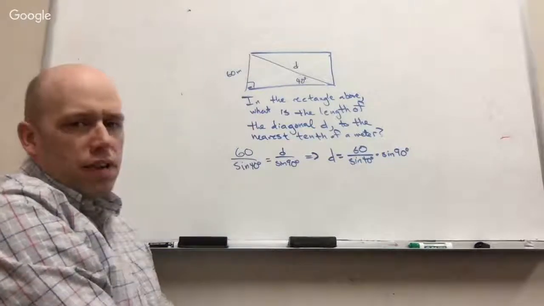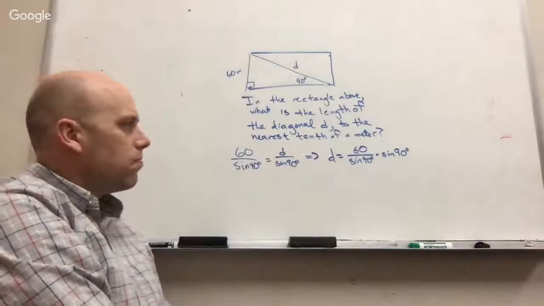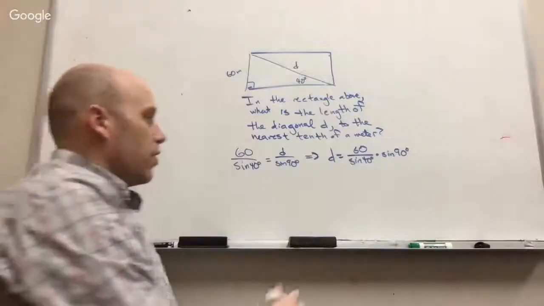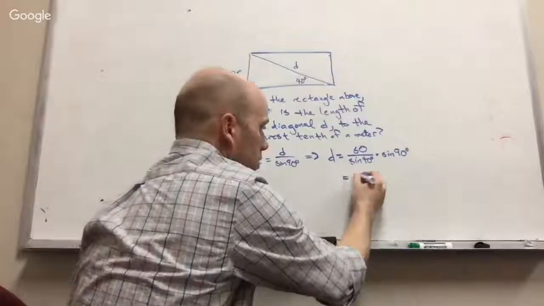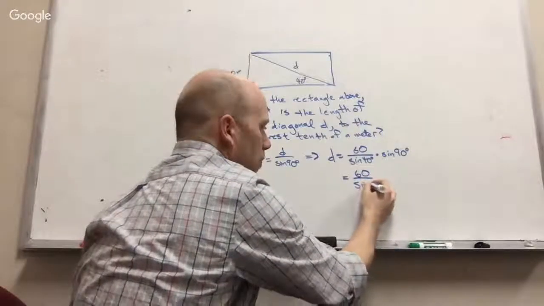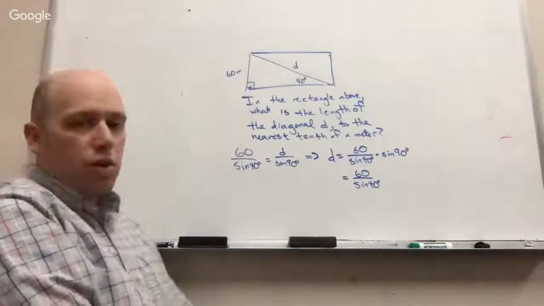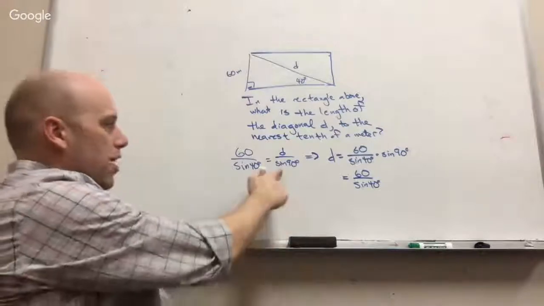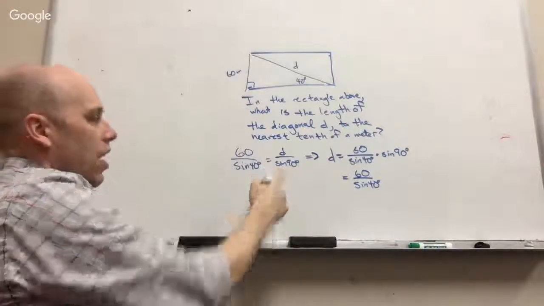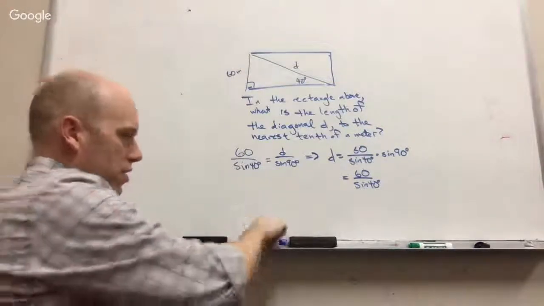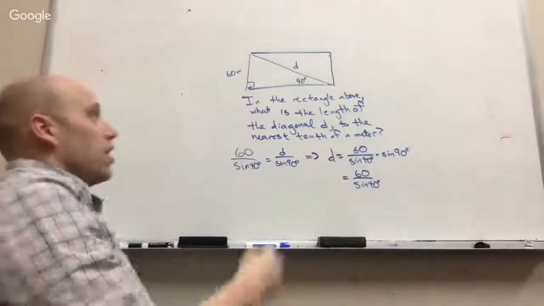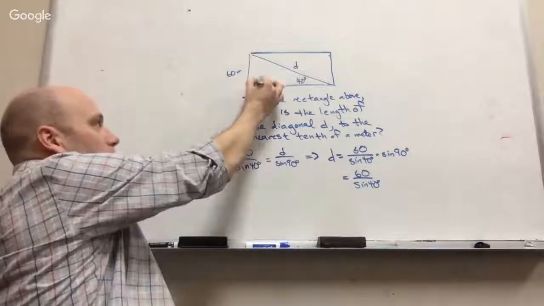Can you tell me what sine of 90 degrees is? I think it's 1, right? Yeah. So this is just the same as 60 over sine 40 degrees. The other way you could think about this is, notice we have what type of triangle here?